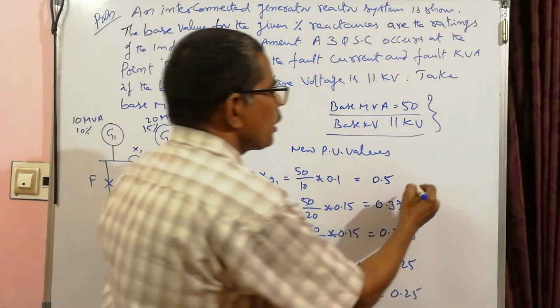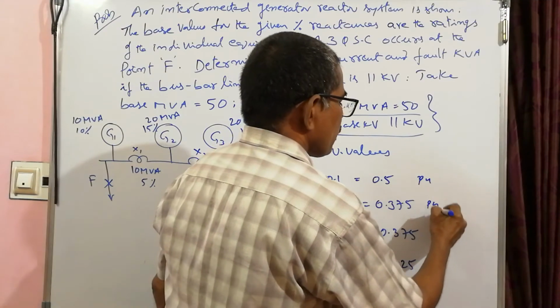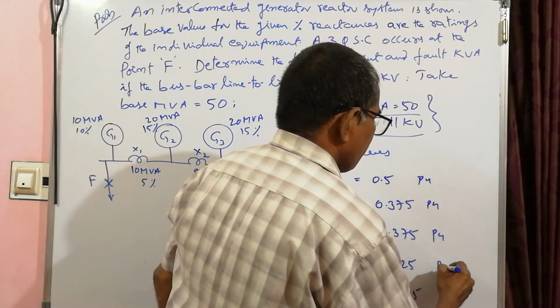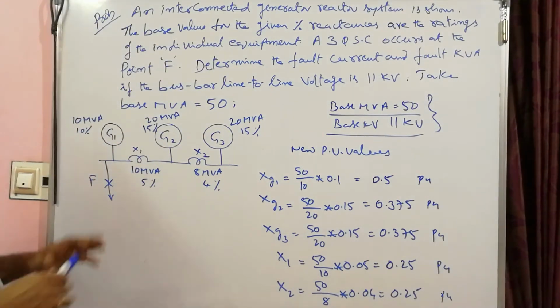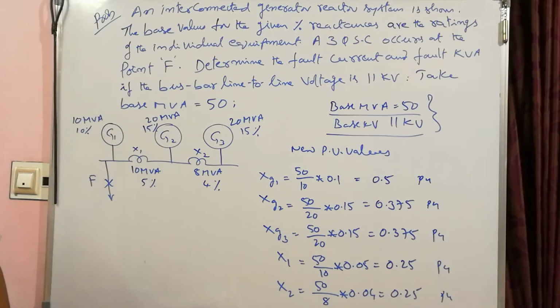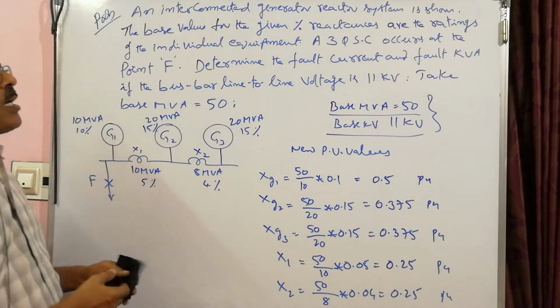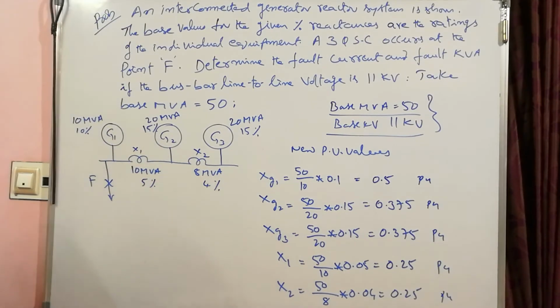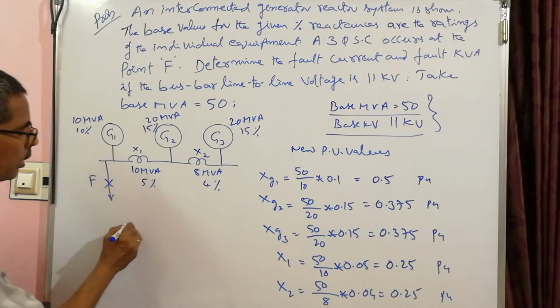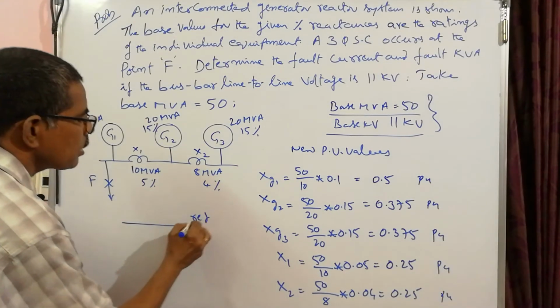So these are new per unit values. Now after obtaining these values, draw the reactance diagram, equivalent reactance diagram, and then reduce for ZF. So I will be drawing the reactance diagram taking the reference, which is neutral.